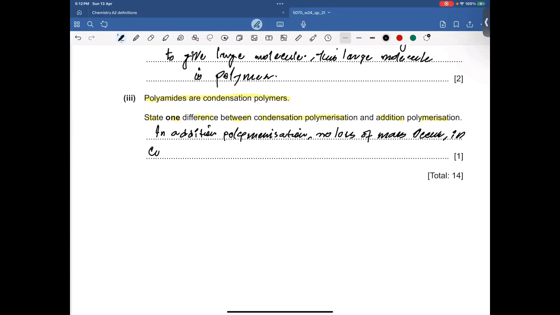In condensation polymerization, loss of mass occurs. Okay. I believe that's the end of this paper.